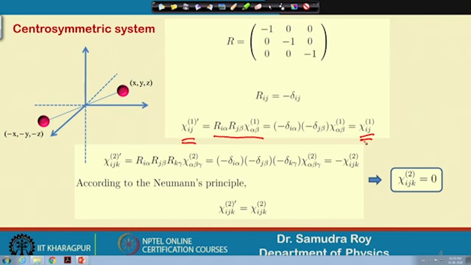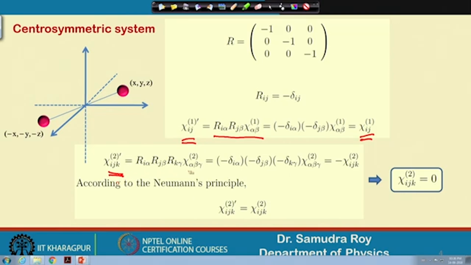For the second order susceptibility, it should be ijk, because the number of elements changes as soon as I go to second order susceptibility: the number of elements ijk will change from 1 to 3 in each case. So, we will have 27 elements.